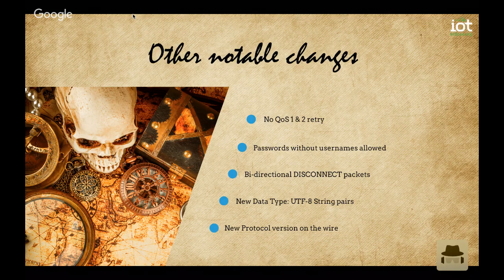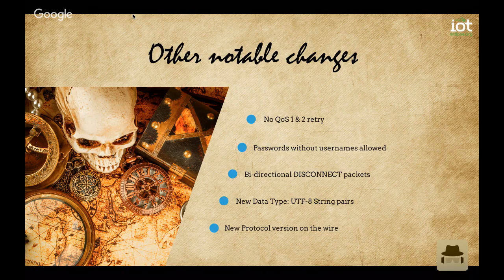And from a low-level perspective, we have new data types. This is interesting for implementers, but not that interesting for application developers. But there's also now a new UTF-8 string pair, and the protocol version changed for MQTT. There is some trivia around it, which I think is pretty interesting. MQTT 3.1, which was the first version released back in 2010, had version 3 on the wire, on a byte level.